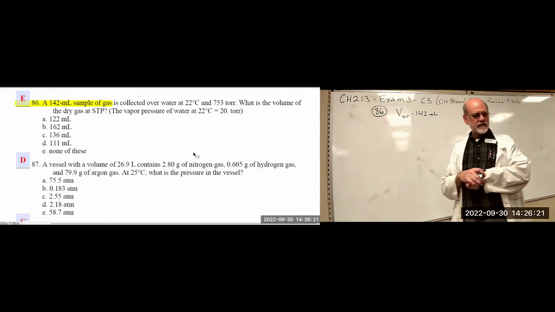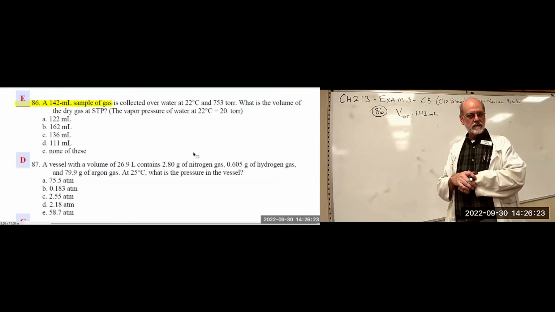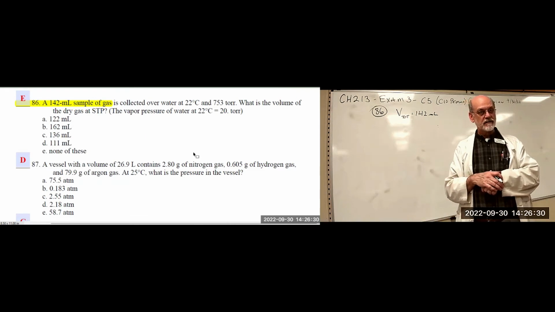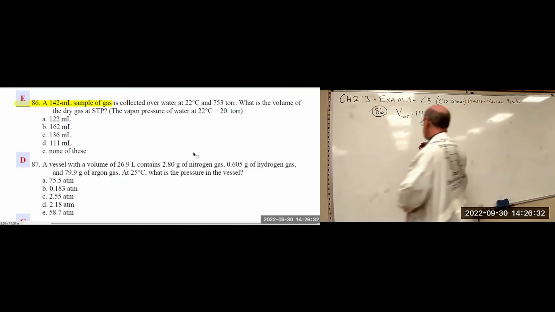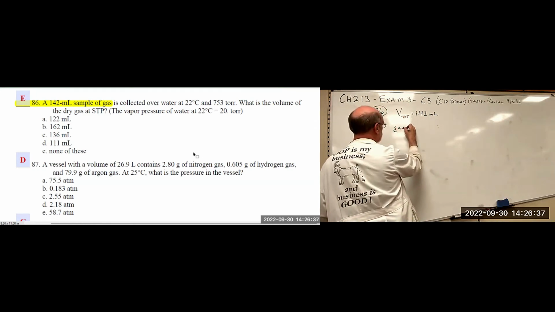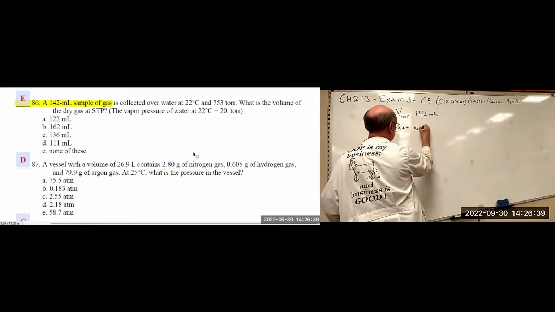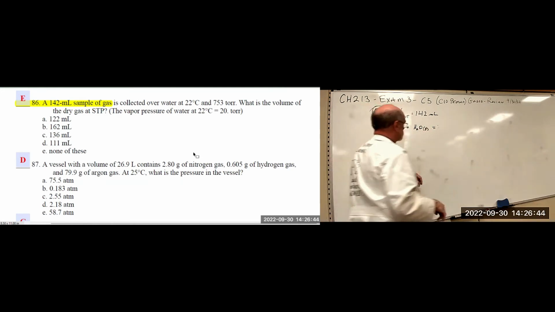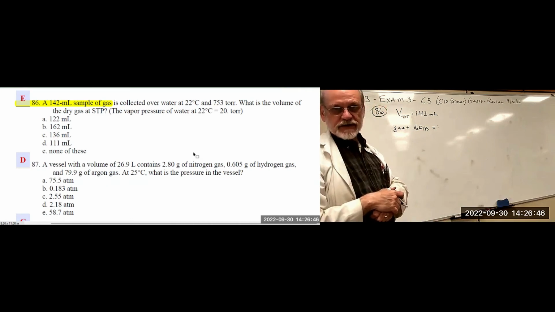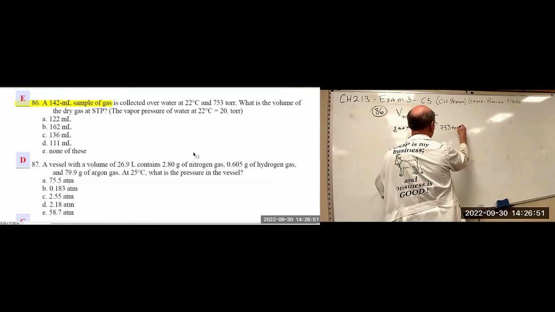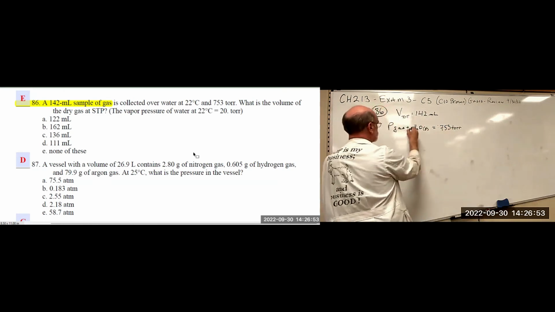What's the nature of this gas we're collecting? It's a solution of two gases, right? Whatever our gas is, it's our gas plus water vapor, and that's equal to 753 torr. The pressure of this one plus the pressure of that one.